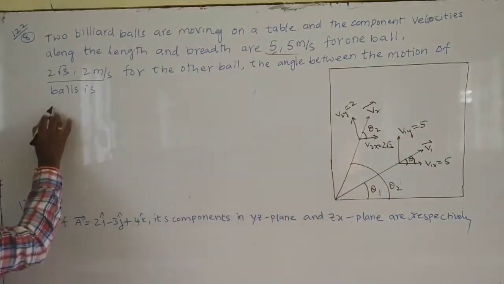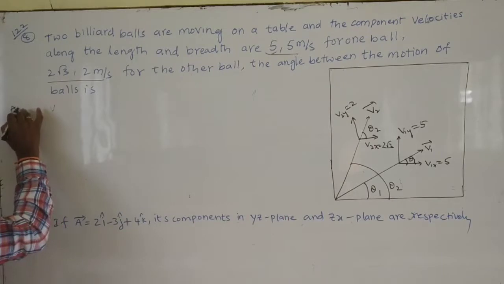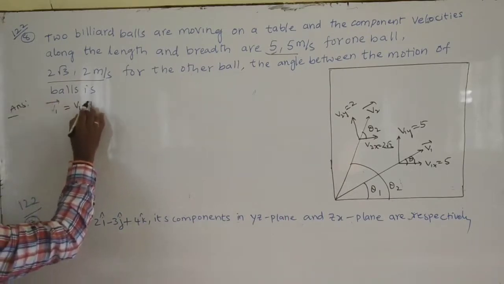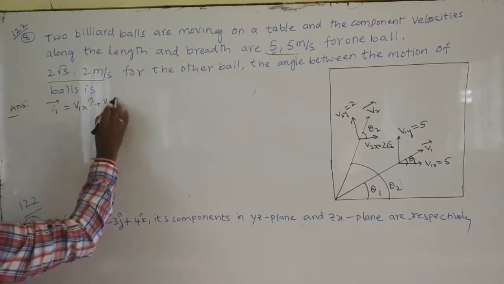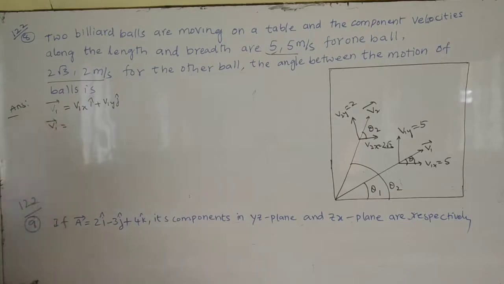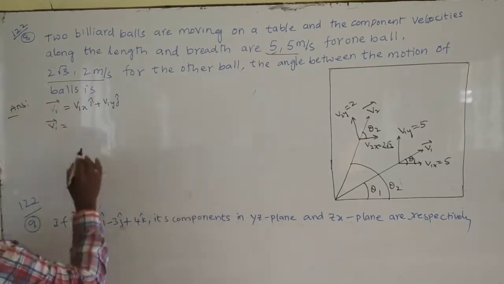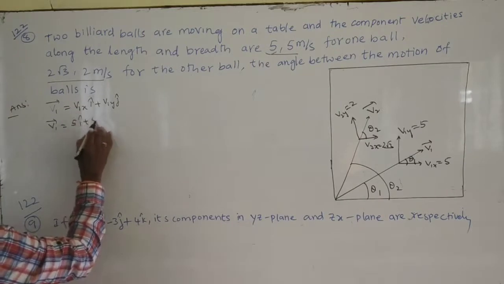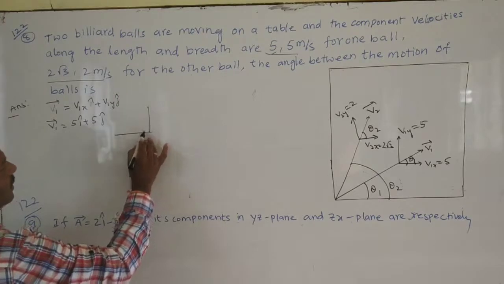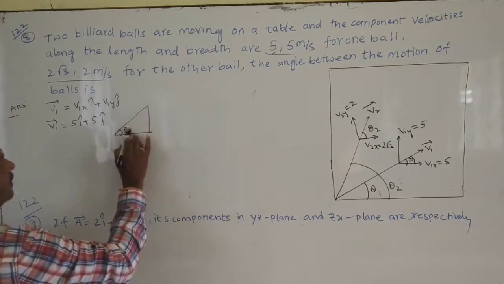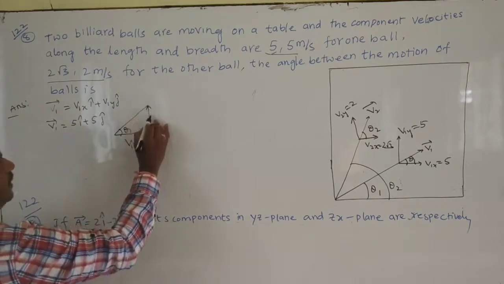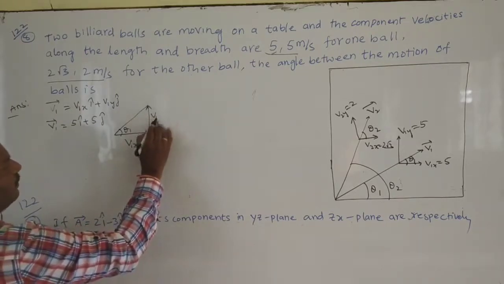So V1 bar equals V1x i cap plus V1y j cap, which is 5 i cap plus 5 j cap. It looks like this, with angle theta 1, x component V1x and y component V1y.